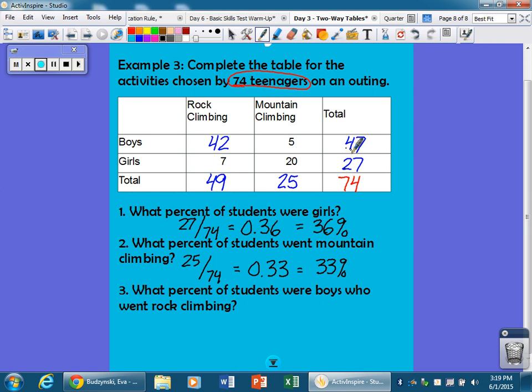I'm only worried about how many boys went rock climbing. Well, there were 47 boys total, and how many actually went rock climbing? 42. So it's going to be 42 over 47, which is 0.89 or 89%.